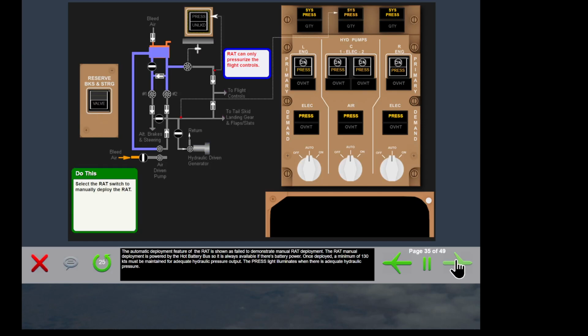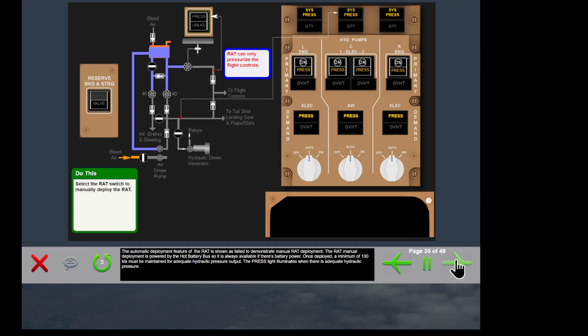The automatic deployment feature of the RAT is shown as failed to demonstrate manual RAT deployment. The RAT manual deployment is powered by the hot battery bus, so it is always available if there's battery power. Once deployed, a minimum of 130 knots must be maintained for adequate hydraulic pressure output.